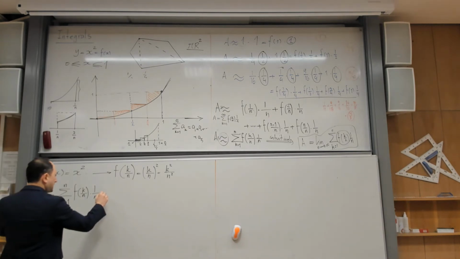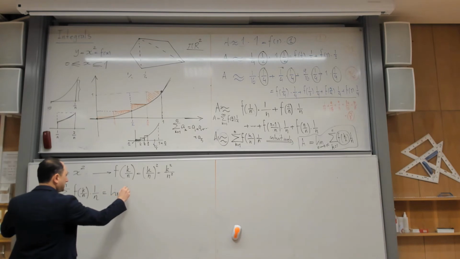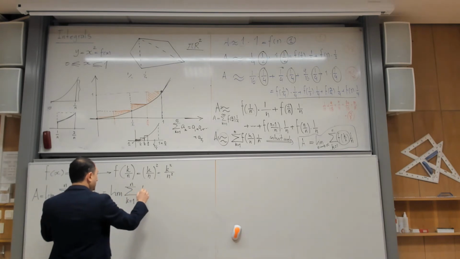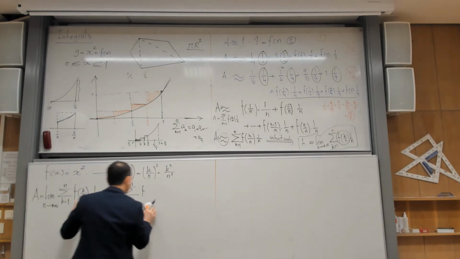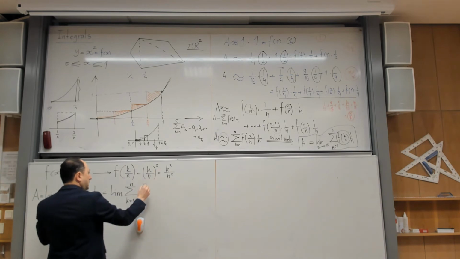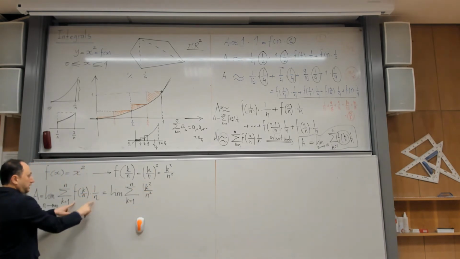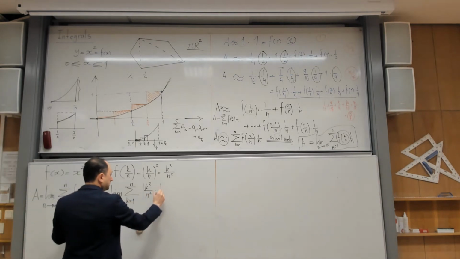Let me replace everything that I have. This becomes the limit of sigma k goes from 1 to n, and instead of f of k over n, I put k squared over n squared, multiplied by an extra 1 over n.